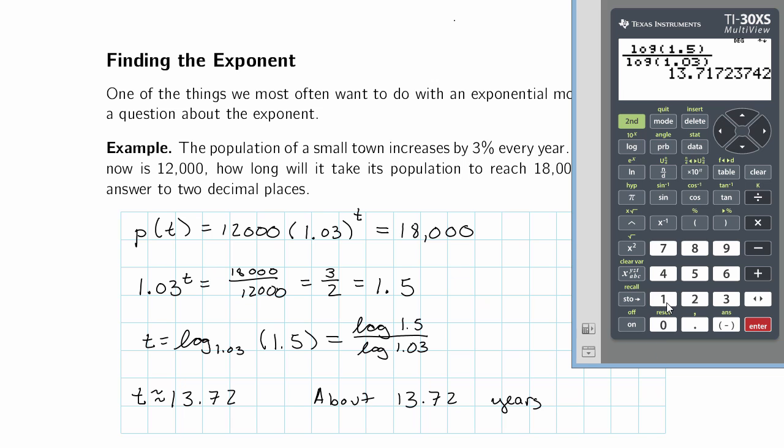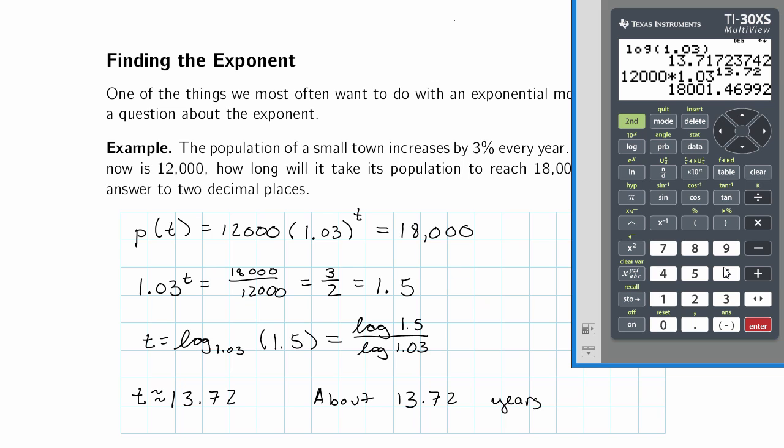We can even check that, right? 12,000 times 1.03 to the power 13.72. The population will be 18,001 at that time. Very small amount of round-off error, but not very much. That's pretty good. Now, in this problem, fractions of a year made perfect sense.